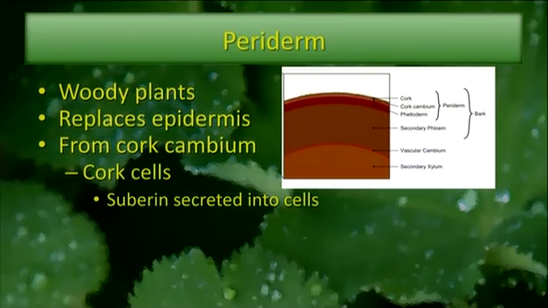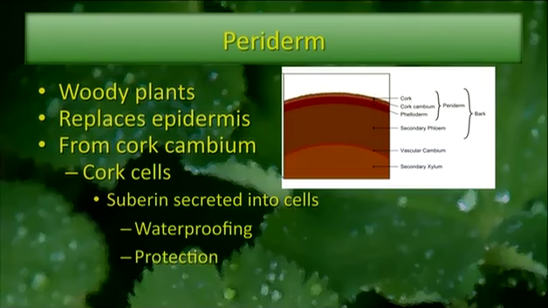Remember we talked about that as a secondary meristem. So we have the cork cambium here, making cork cells. And these cork cells are impregnated with suberin, which waterproofs the cell and also serves to protect the cell from any kind of insect incursion or anything.